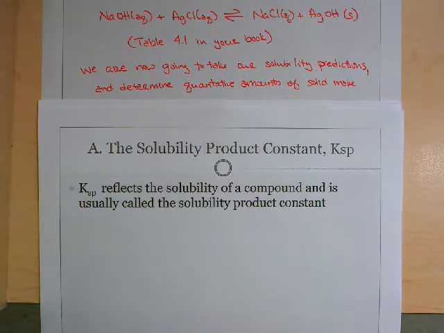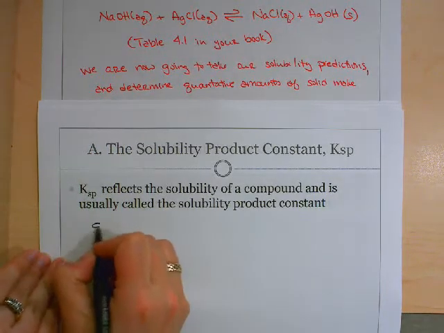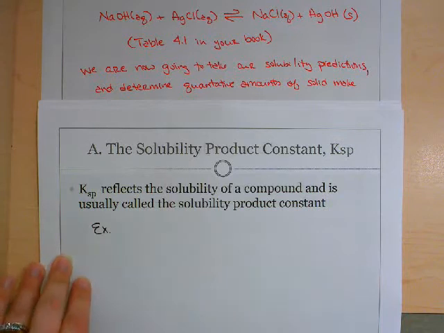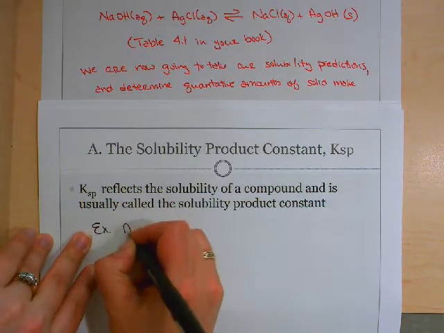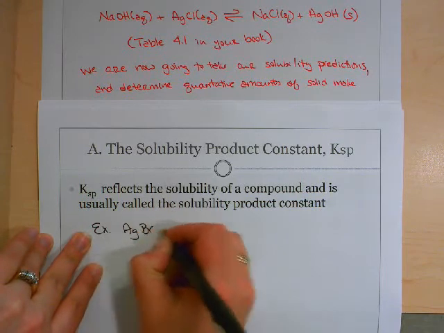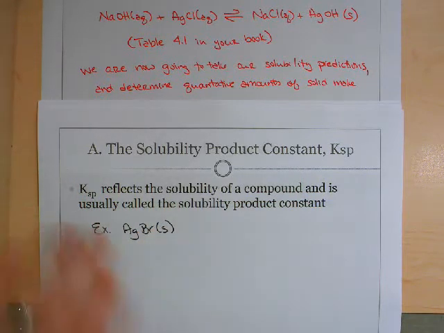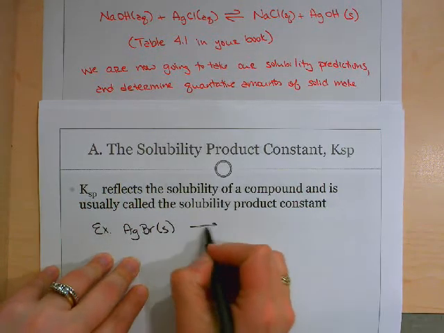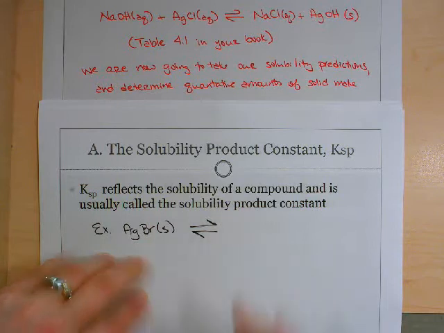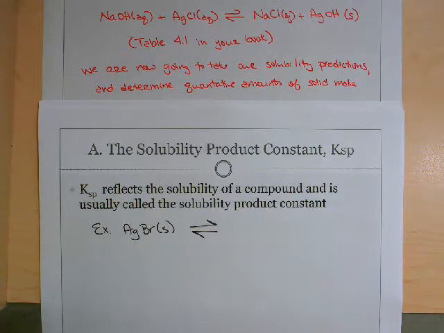So let's say, for example, I'm going to start with the silver bromide solid, and I'm interested in what 2 ions it will turn into in solution.